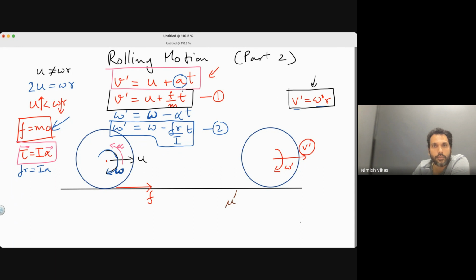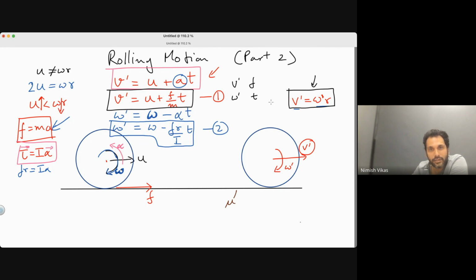V dash is unknown, F is unknown, T is unknown. What's unknown in the other one? Omega dash, F and T, right? So V dash, omega dash, F and T are unknown. Looks like too many unknowns, only two equations, four unknowns.